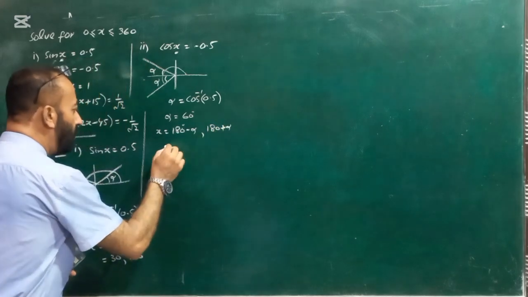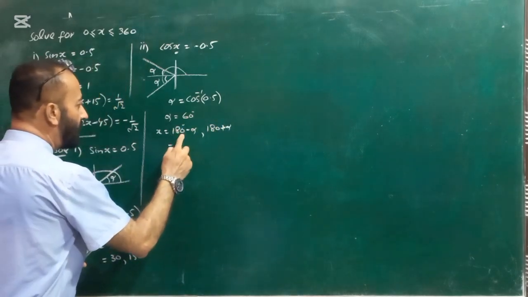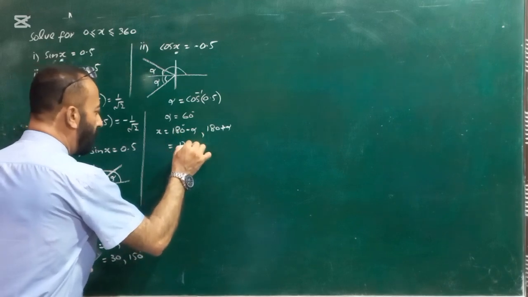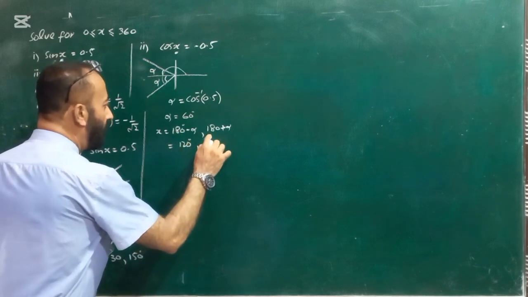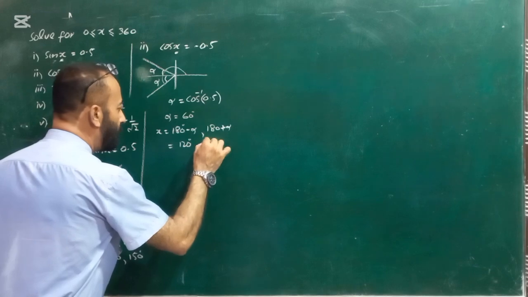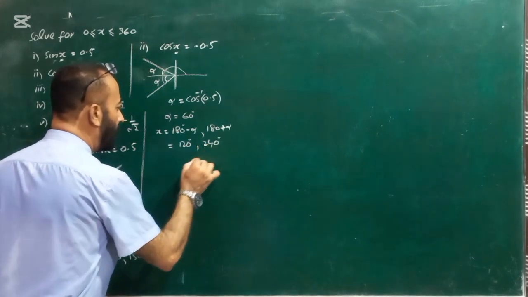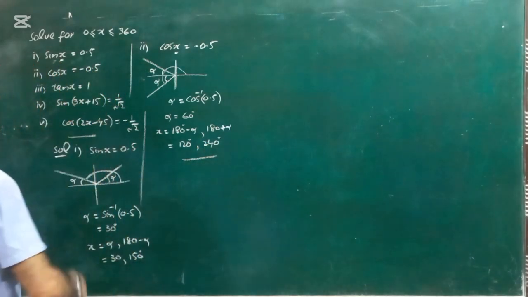So now putting values into the formula, alpha is 60, so 180 minus 60 will be equal to 120 degrees, and 180 plus 60 will be equal to 240 degrees. So this is the solution of the second part.